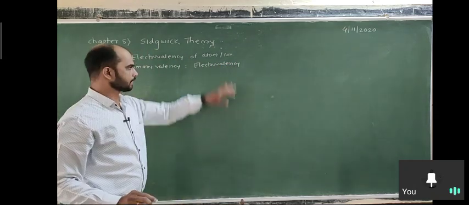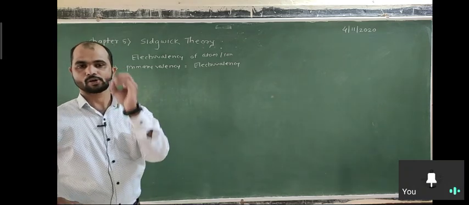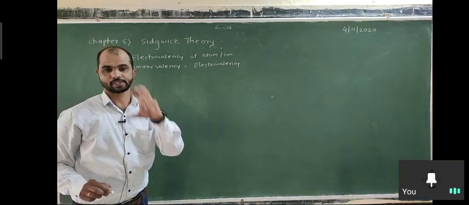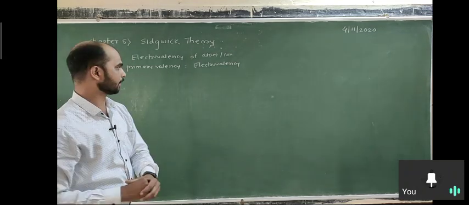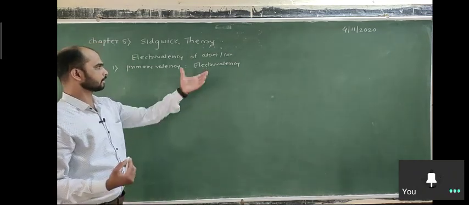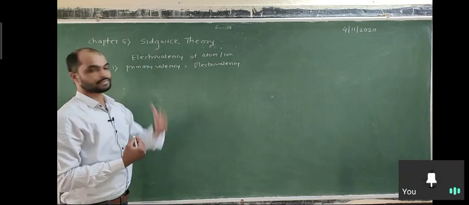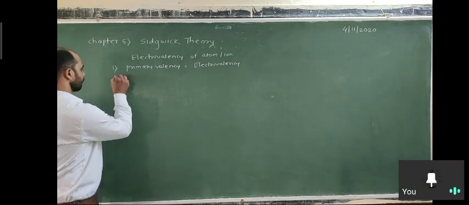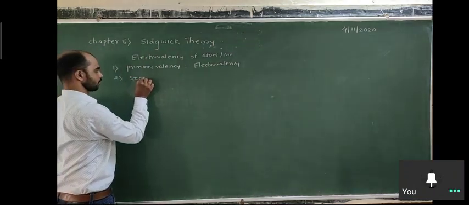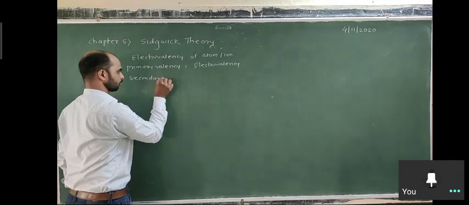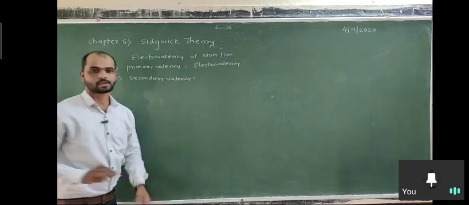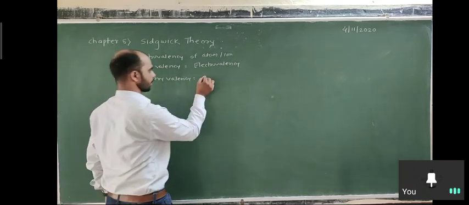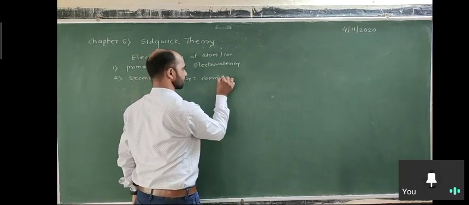It means how many electrons are lost during the formation of the complex is predicted or interpreted by the Sidgwick model. Second, the secondary valency of Werner's theory is called the coordination valency.